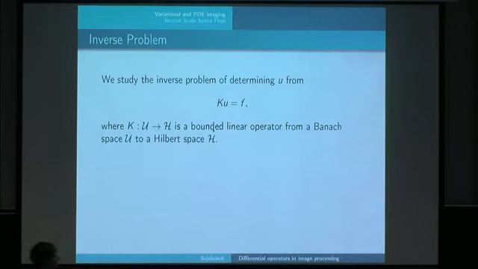Okay, so eventually I want to go beyond denoising, and I want to solve inverse problems like this, Ku equals f, where K is a bounded linear operator from a Banach space where u lives to a Hilbert space.